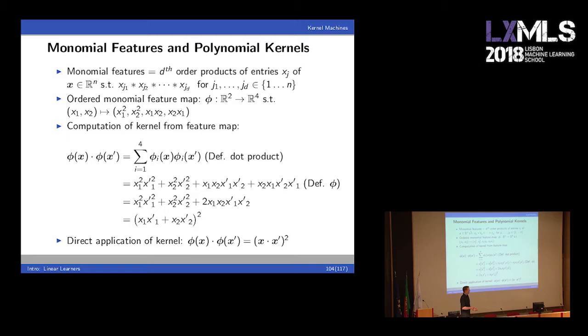If you modify the kernel, you can be sure that implicitly you are pimping your feature representation. You're making your model more powerful by implicitly using a more powerful feature representation, and the kernel will give you the power of doing nonlinear classification, which you couldn't do before.